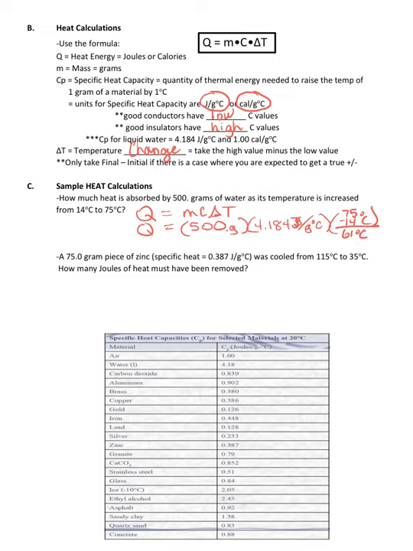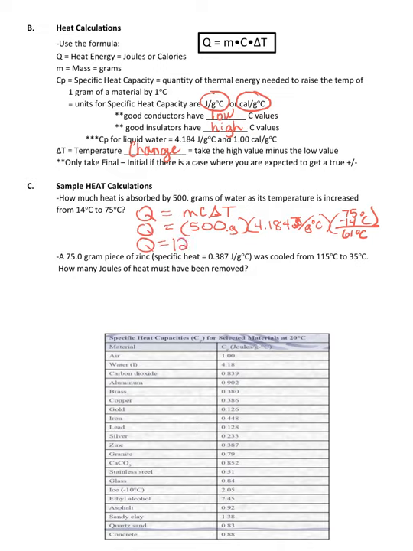So 75 minus 14 is 61 degrees Celsius. So I'm going to punch it in my calculator. 500 times 4.184 times 61. 500 has 3 sig figs, 4.184 has 4 and 61 has 2. So I'm going to keep 2. Now when I do this, I get a big old number. And so I'm going to put this into scientific notation because I don't like how big the number is.